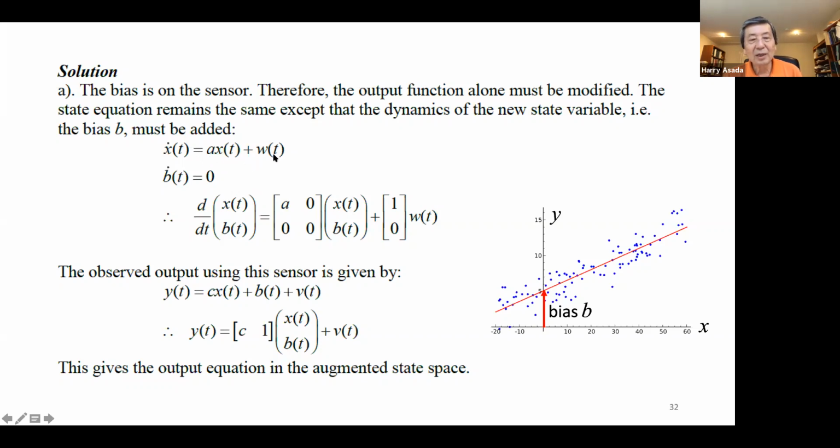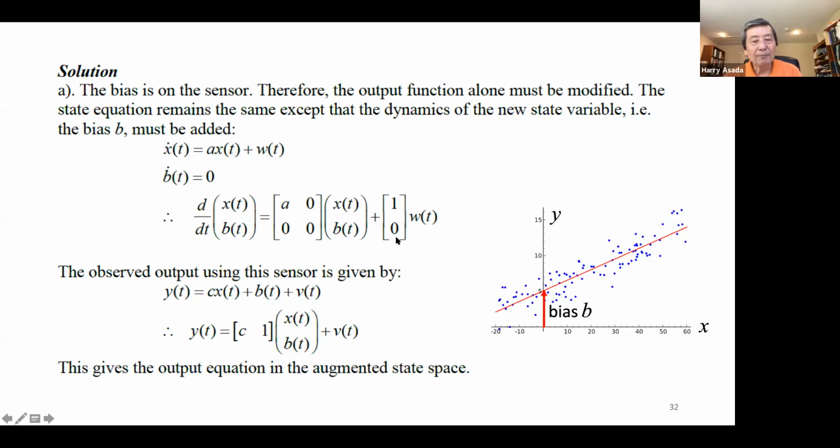The first line is x dot equals a x_t plus w_t, but since the state space has been extended to x and b, it has to be in this form. The second line: b dot equals 0, that is, 0, 0, and then 0 times w_t. It is conceivable that the parameter is not perturbed by the process noise, so it is 0 over here.